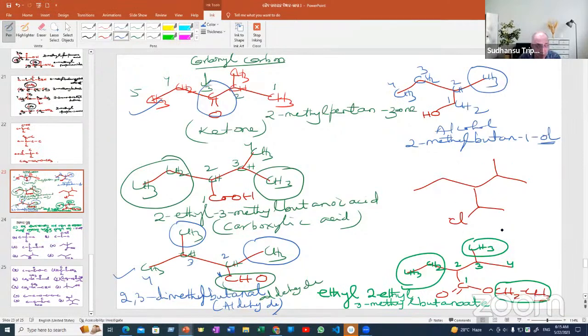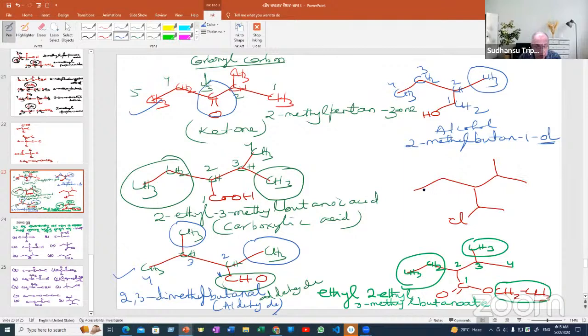This is a complex branch, and we will not discuss in this program how to name a complex branch. We are keeping only introductory concepts in IUPAC nomenclature. 1, 2, 3, 4.